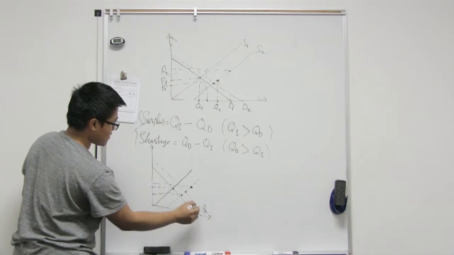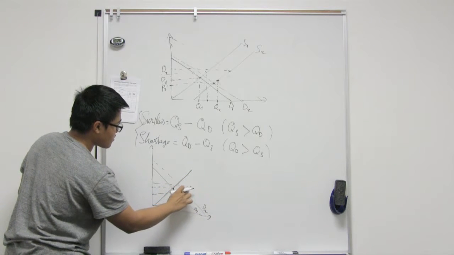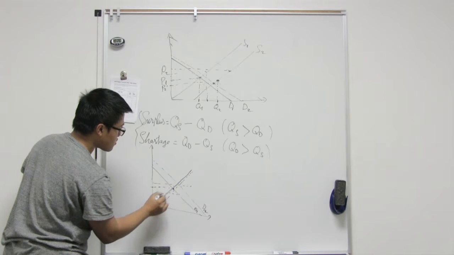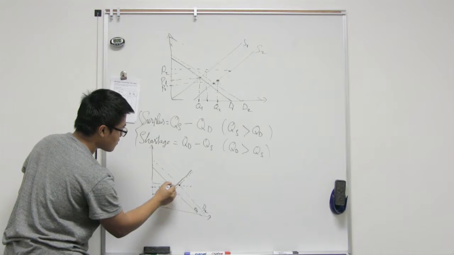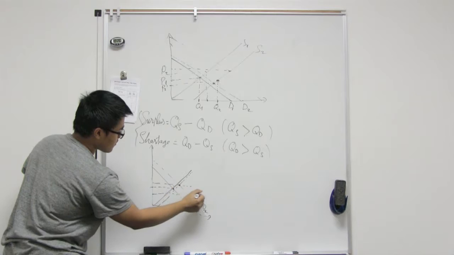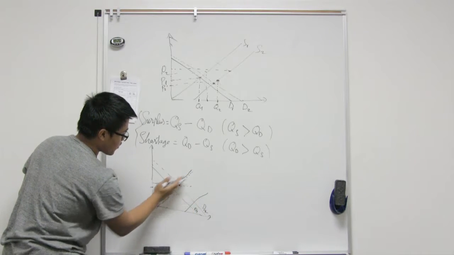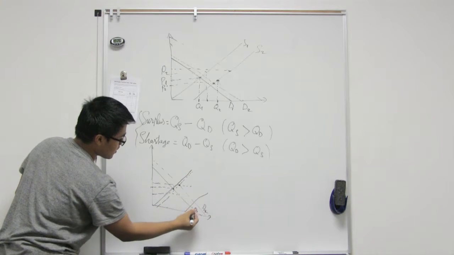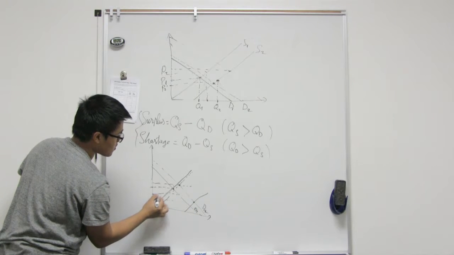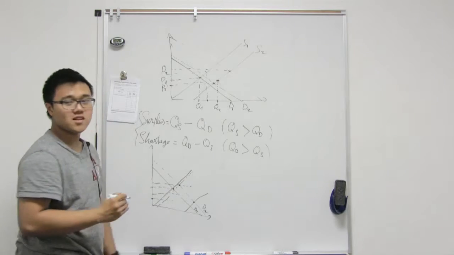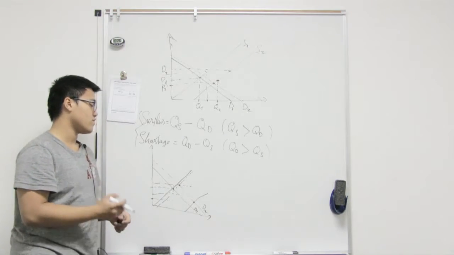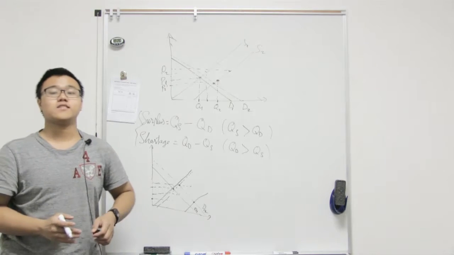Let's say the supply curve shifts just a little bit, then the price will be higher than the old one. But if it shifts a lot, like from there to there, then the new price will be lower than the old one. So it really depends on how the curves shift. If you don't have information about that, it's indeterminate.